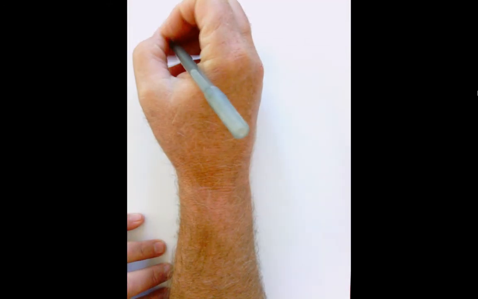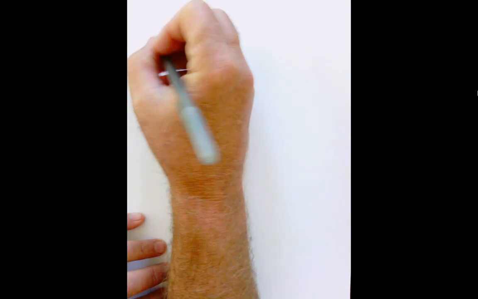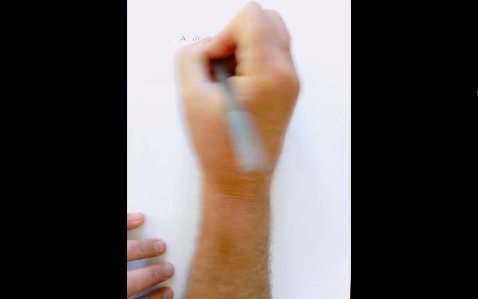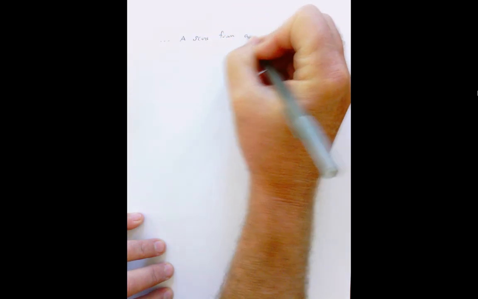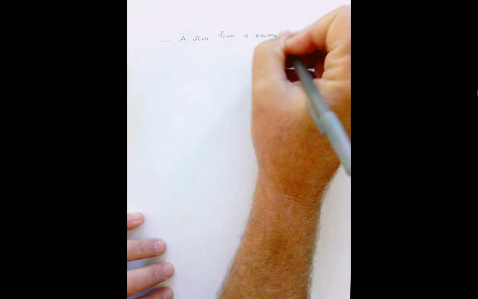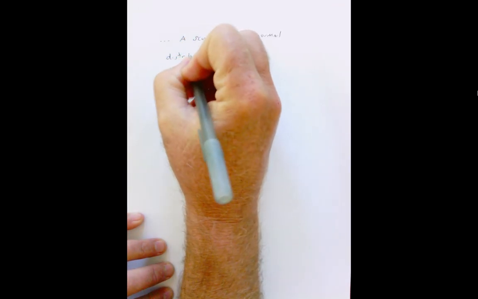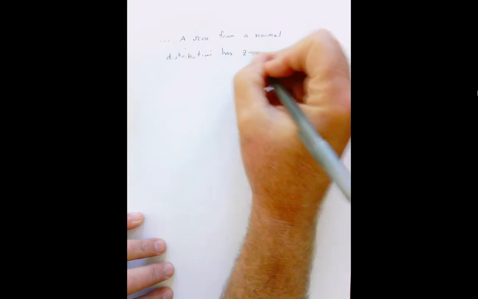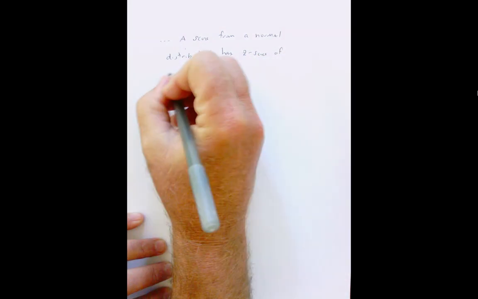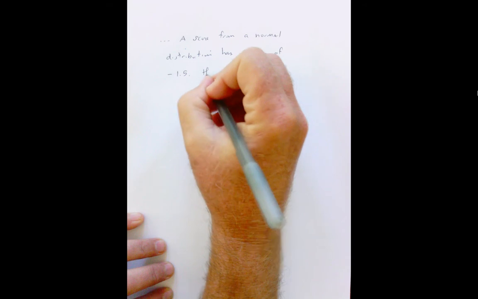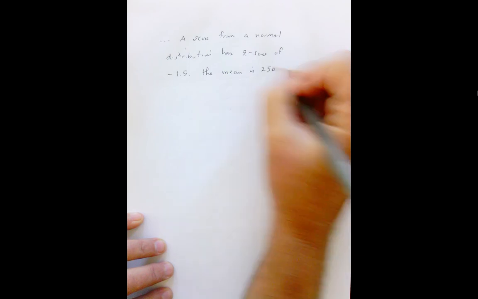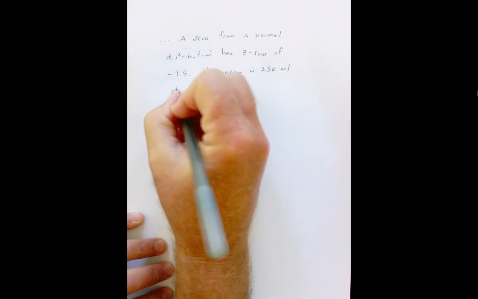For the most part, the question said something like: a score from a distribution has z-score of -1.5. The mean is 250 with standard deviation equal to 20.